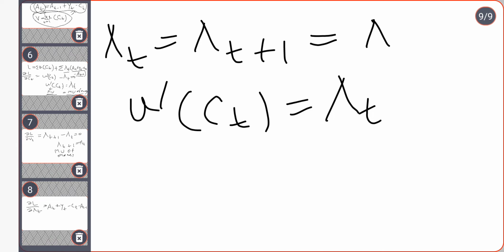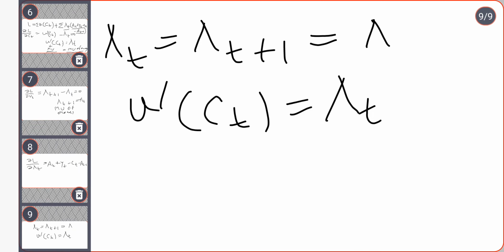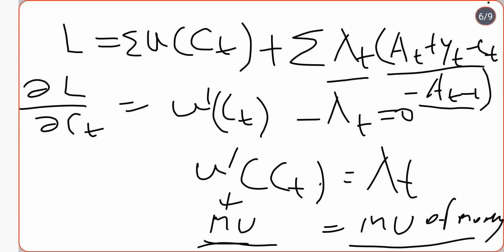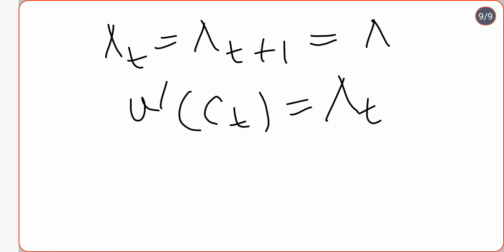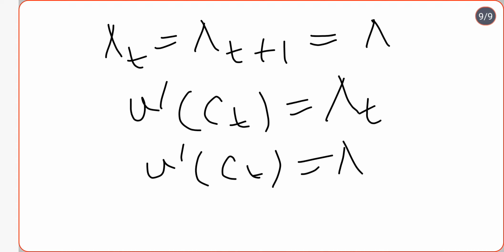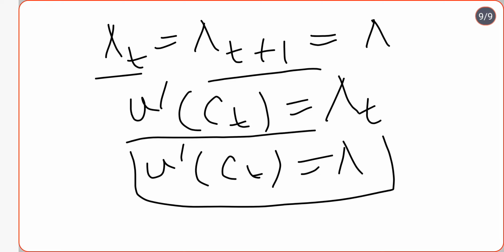As per this part of this equation we have derived that u dash ct was equal to lambda t, right? So now we can put u dash ct is equal to lambda, because lambda t and lambda t plus 1 all are equal, all is constant. So this is obtained from here.